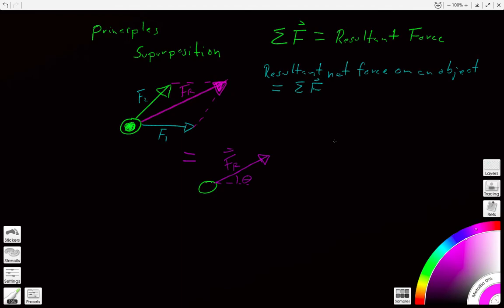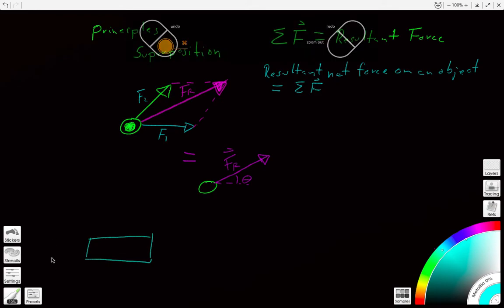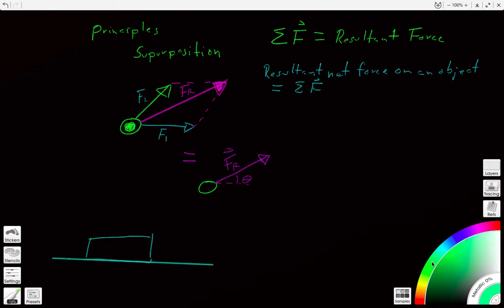So this might seem a bit, let's say, obvious to you guys, but let's see how we can work this if we work the other way around. So for example, let's say we have a box here, and that box is sitting on some sort of plane, like that. And we're pulling that box, let's say, with a force going in this direction, like that.